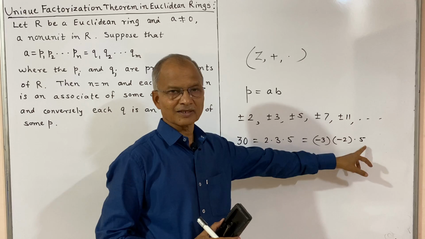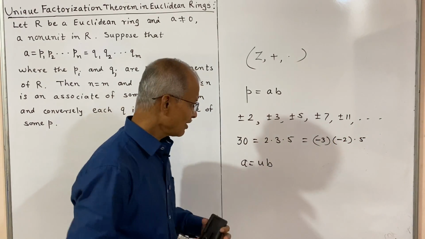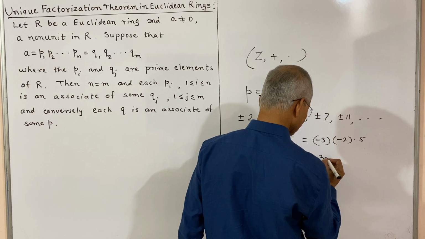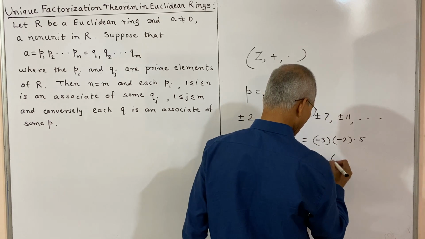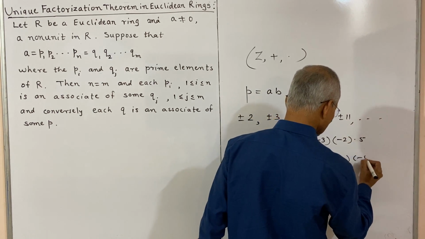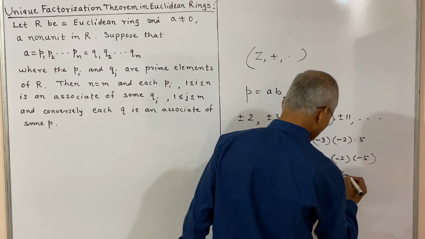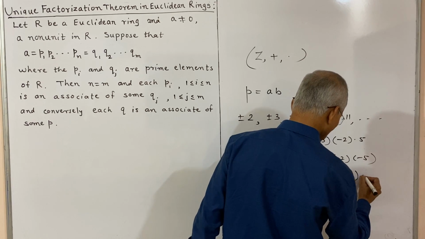5 I have written the same, 5 is also an associate of 5, or this may also be written as, say, 3, then -2, -5, or we can write -5, then -3 and 2.